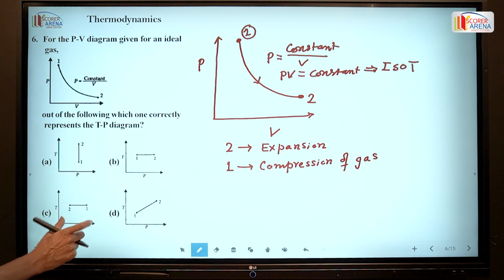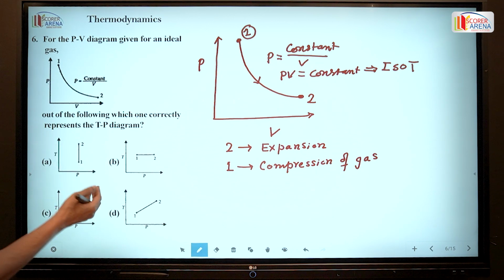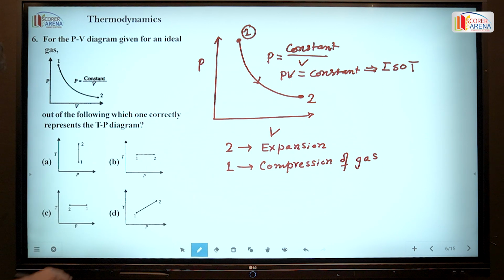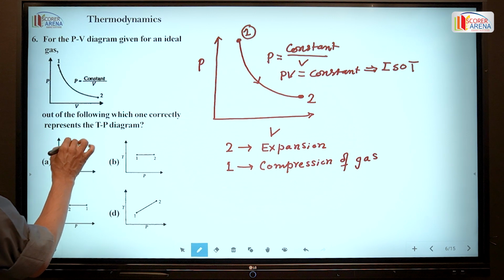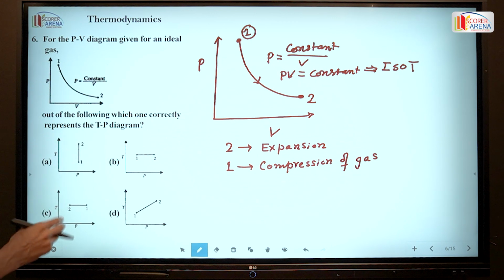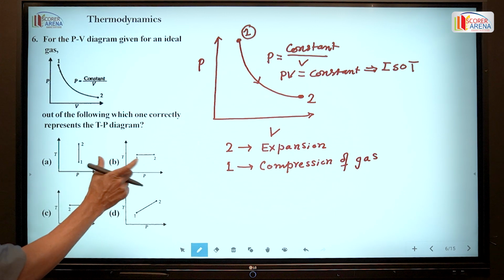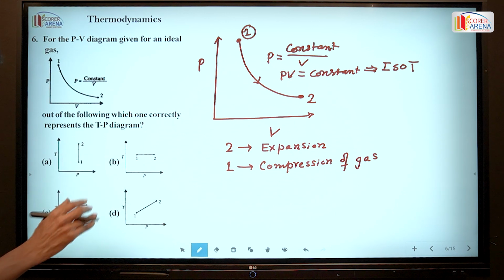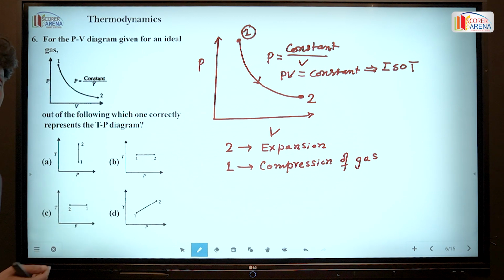You have to find out the correct option, that is the corresponding T versus P graph. Here in all options, P is taken along the x-axis and T is taken along the y-axis. In option A, by error and trial method, there is no such calculation in this problem. That is a problem based on the concept, that is graphical variation of the thermodynamical variables.